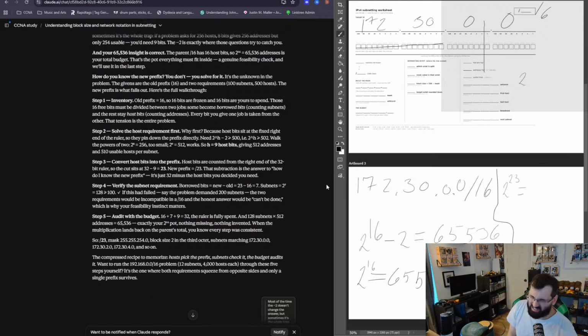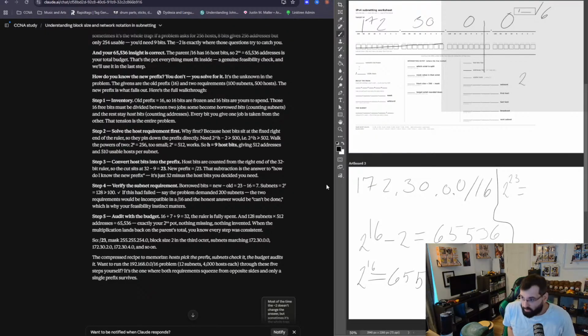Okay, so what I'm having trouble reconciling is that the higher the host bit goes, that's basically the new CIDR. The higher that number goes, the fewer addresses you're supposed to have. But in order to get those addresses, that number becomes the power.